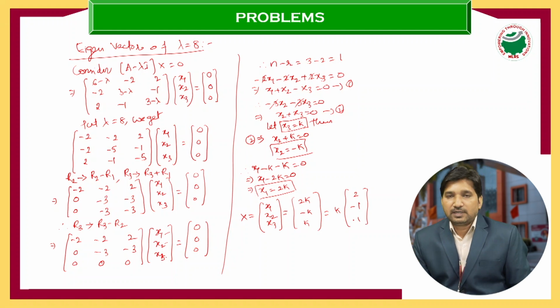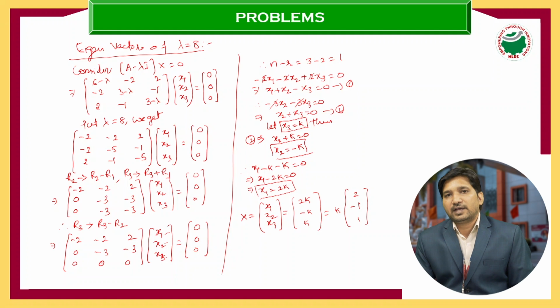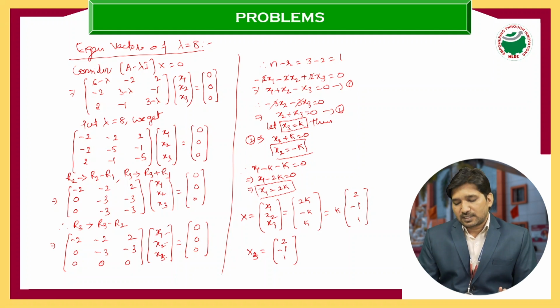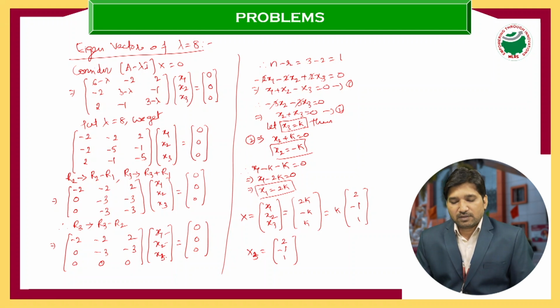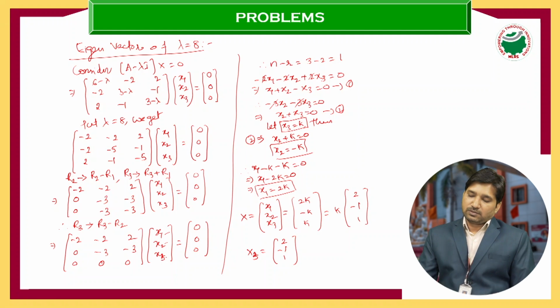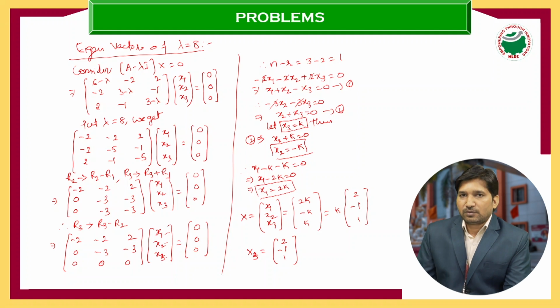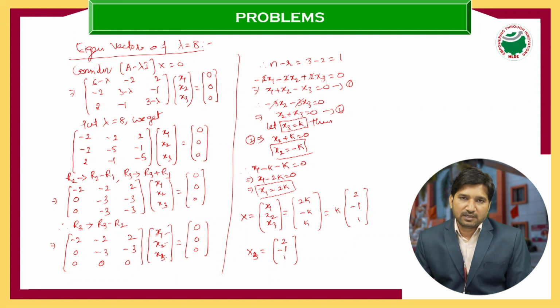So finally, the eigenvector 3 for the eigenvalue lambda equal to 8 is x3 equal to 2, minus 1, 1. These are the eigenvectors of the given eigenvalue lambda equal to 8. So this is the way to find the eigenvectors for repeated eigenvalues. That is the eigenvalues and eigenvectors of the given problem.